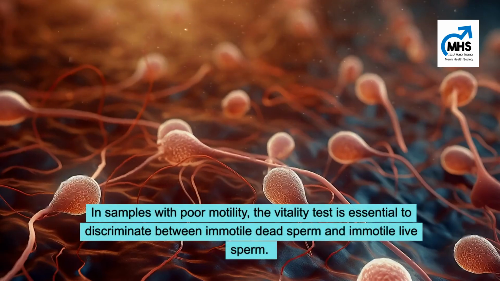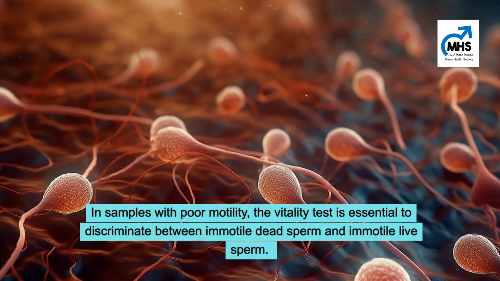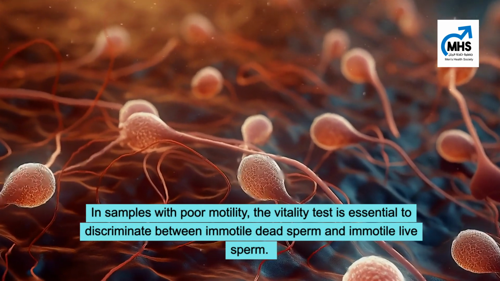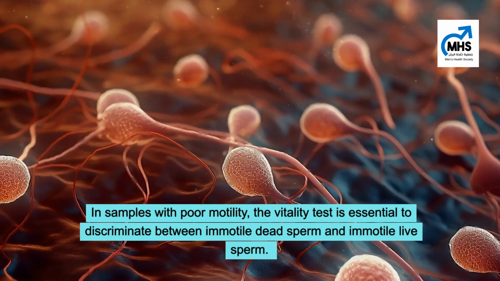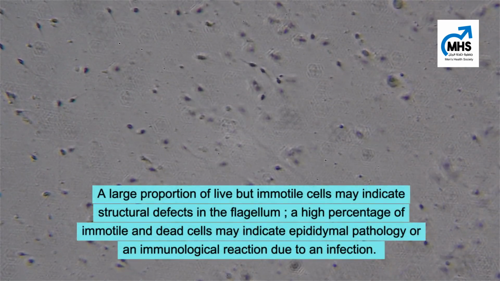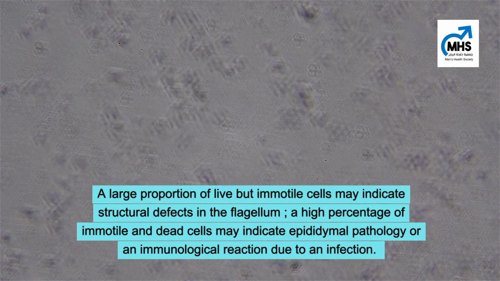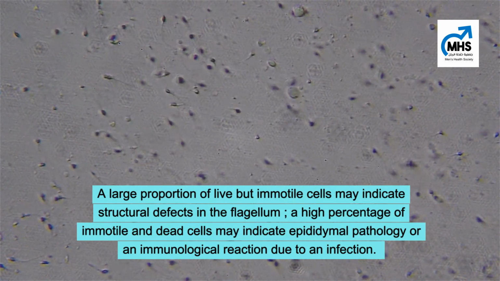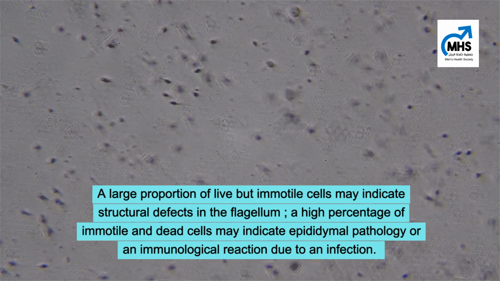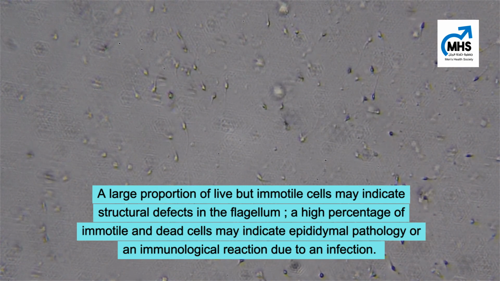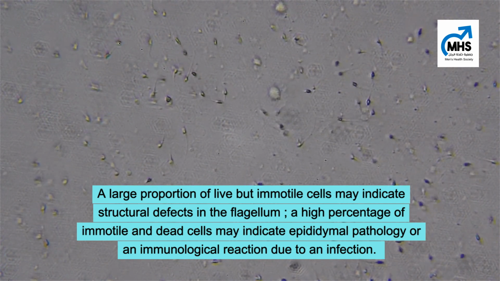In samples with poor motility, the vitality test is essential to discriminate between immotile dead sperm and immotile live sperm. A large proportion of live but immotile cells may indicate structural defects in the flagellum. A high percentage of immotile and dead cells may indicate epididymal pathology or an immunological reaction due to an infection.